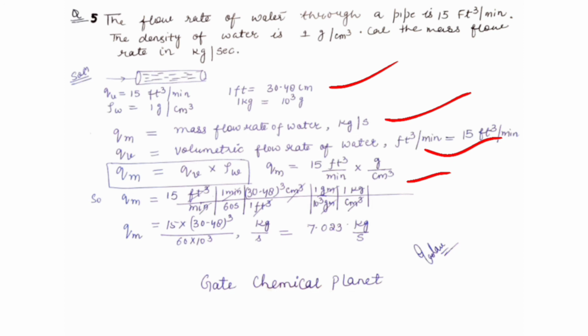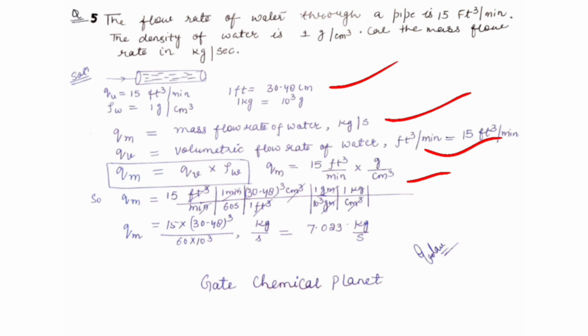Okay, now write down the conversion. 1 kilogram equals to 1000 grams. So 1 kg equals to 10 to the power 3 grams, and 1 gram and 1 gram will cancel out here. Feet will cancel out. Minutes will cancel out. The remaining two things are kilograms per second. Centimeter cube and centimeter cube also cancel out.